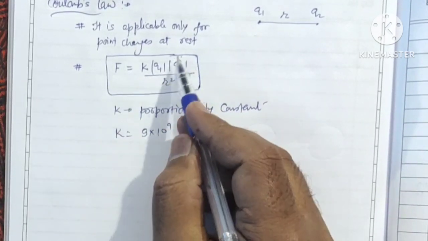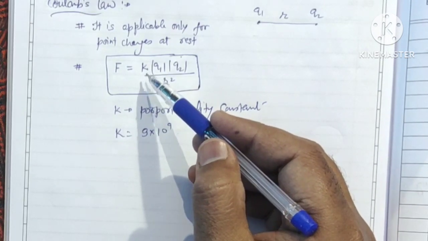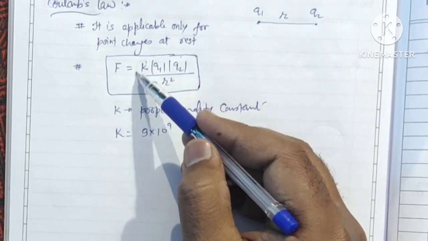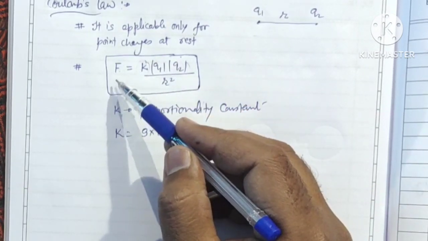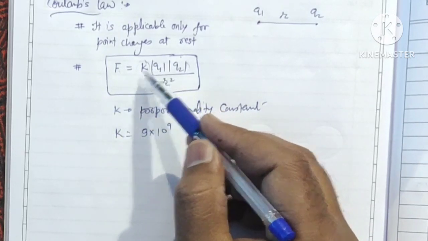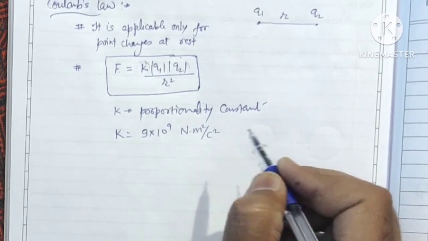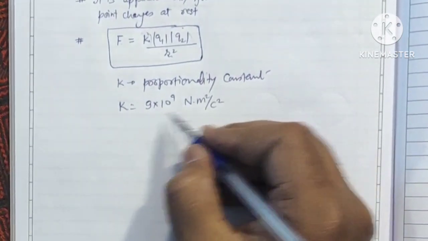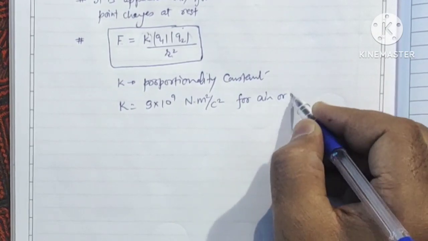From this formula we can easily write out the unit of K. I can bring R square and Q1 Q2 to the left, so the unit will be Newton meter square divided by Coulomb square. So Newton meter square per Coulomb square. Alright, and this value is for air or vacuum.